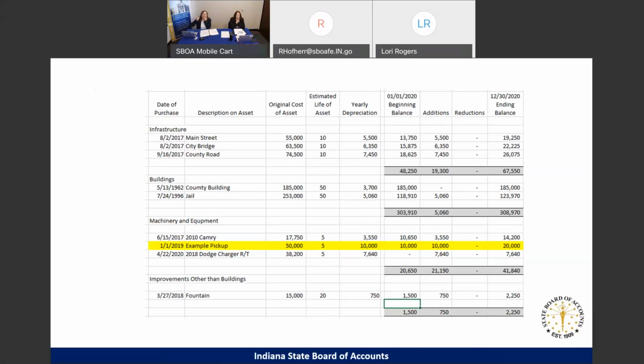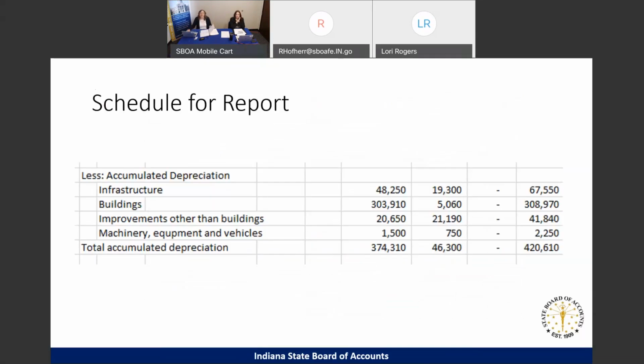And all of the different sections, it's the same way. Okay, you come down to those gray lines, which are the summary by category that you have. This is why a spreadsheet is so much easier to do that. Then those totals are taken to your report.